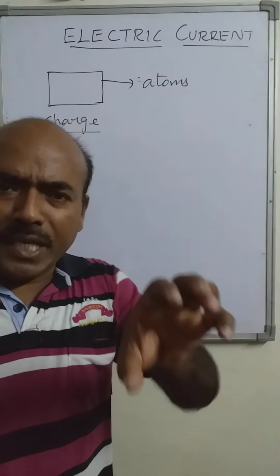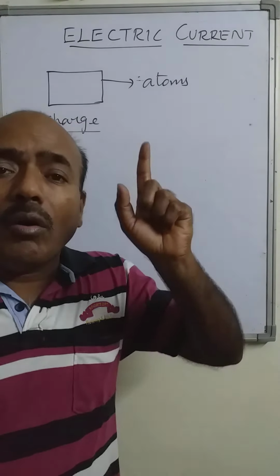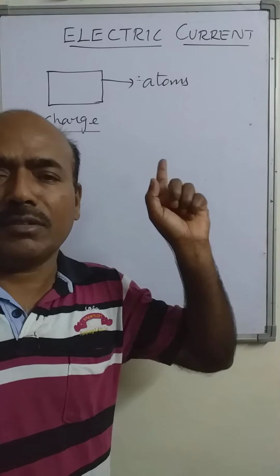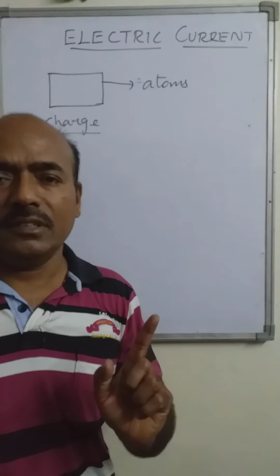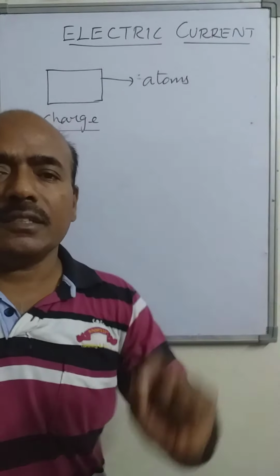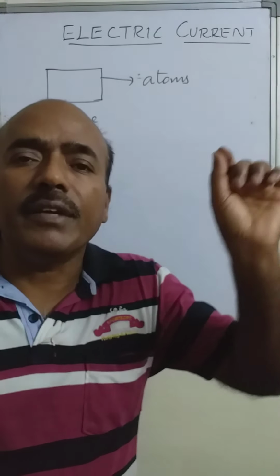Number of atoms makes a matter. So that means all the matter are having these kind of small particles, electron, proton, neutron. So this charge, we can say it is the fundamental property of every matter.